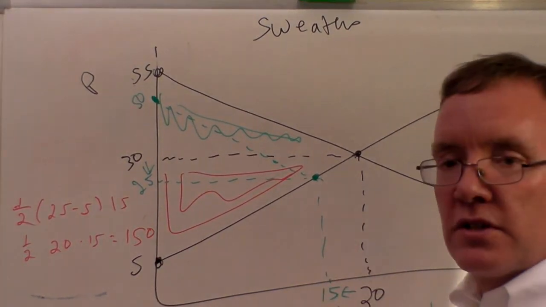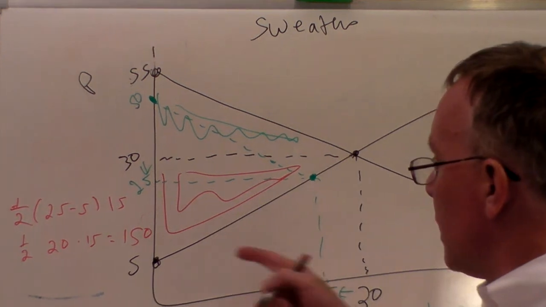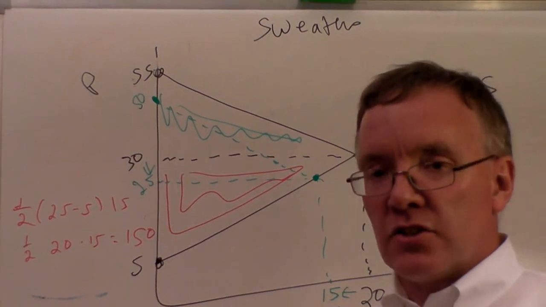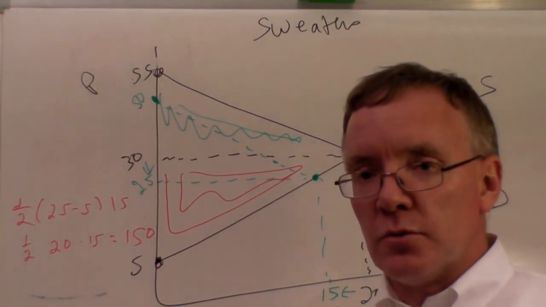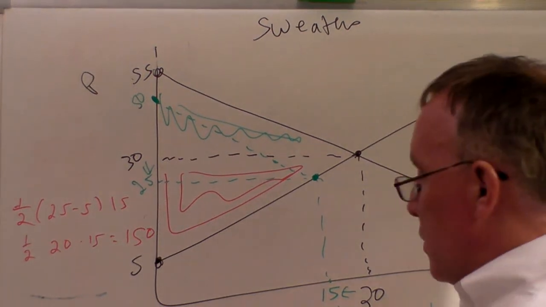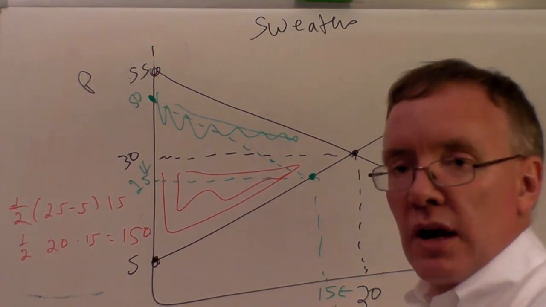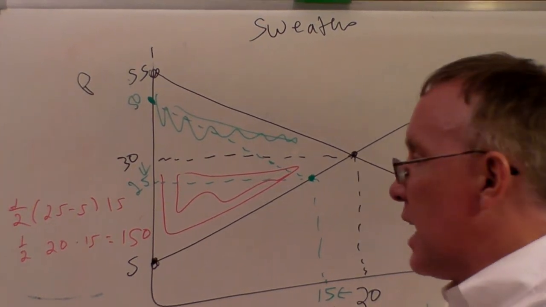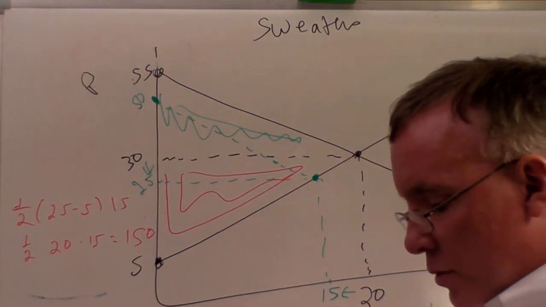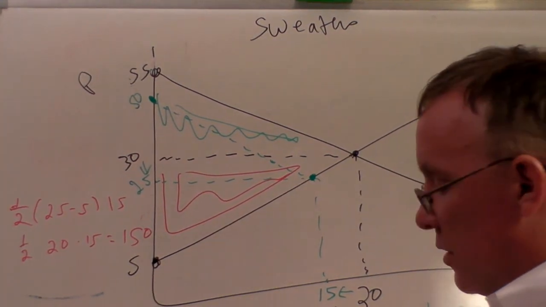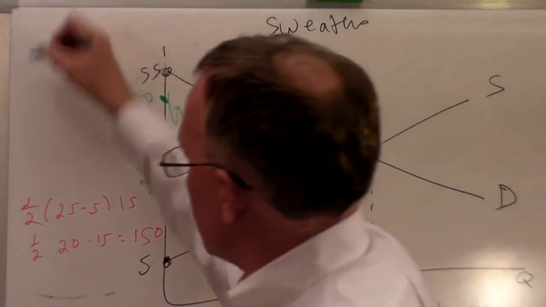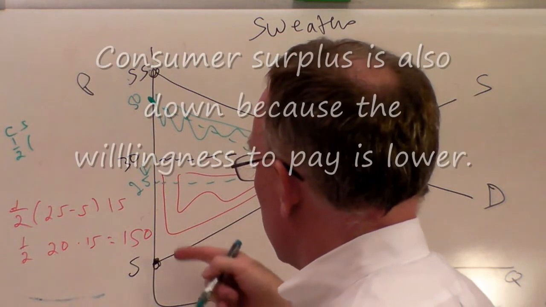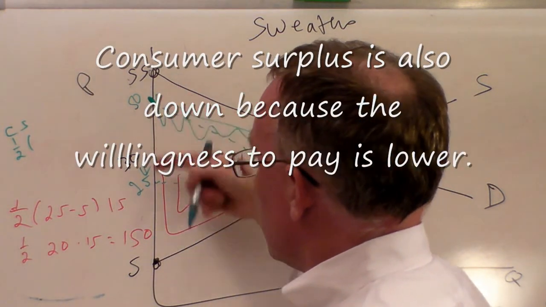But our consumer surplus has also come down, in terms of the sweaters at least. Because we have fewer transactions, even though the price is lower, which of course is good for consumers, we just have fewer sweaters changing hands. There are gains from trade, and when there's less trade, at least in terms of the sweaters, there's going to be less gain. And so our consumer surplus, to be consistent here, I'll move back to the green. Our consumer surplus is going to be 1/2 of 50 minus 25.